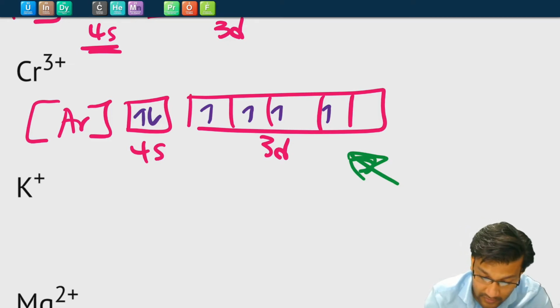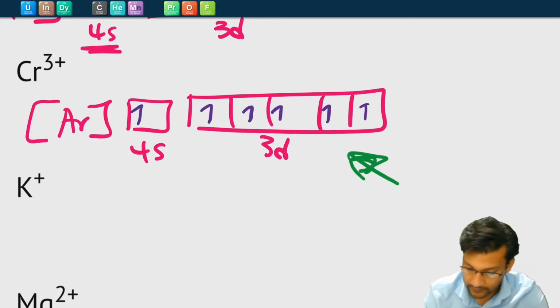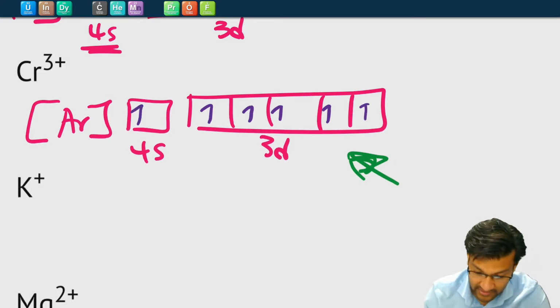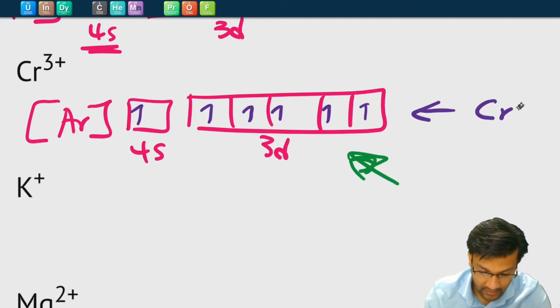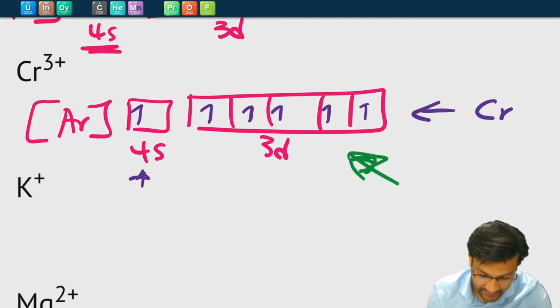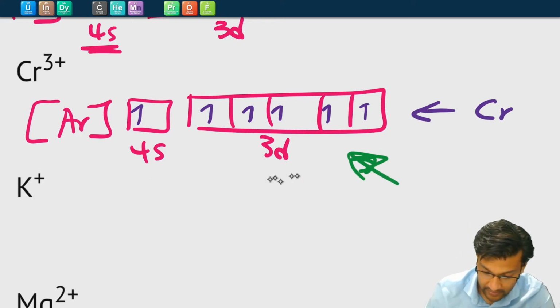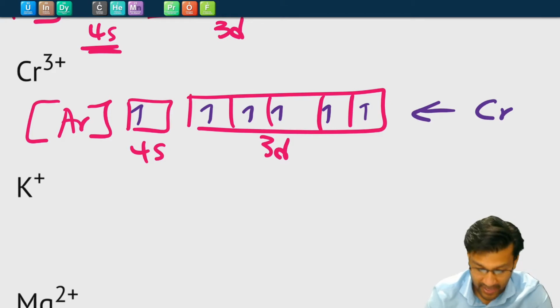So what we could do for the case of chromium is take one of the electrons from here. I erased my whole box, but that's okay. And we could put it over here. This is for just chromium, not the chromium ion. That's what chromium does. So now this is half filled, which is okay. And this is half filled, so that's okay. And nobody's unhappy. So this is probably what would happen.